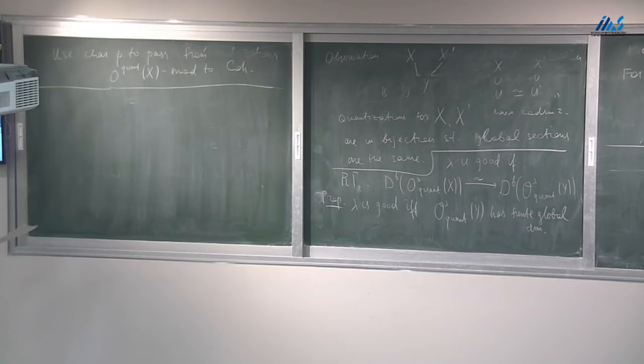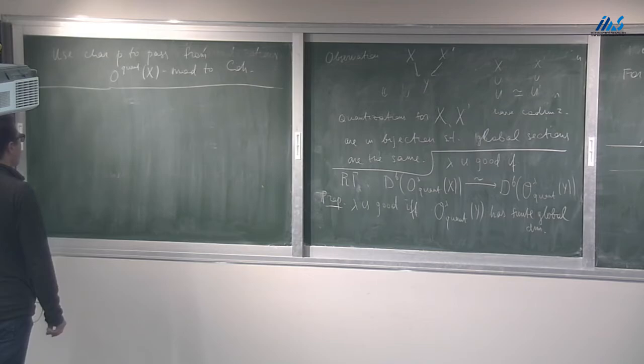So far, characteristic P was not important. For quiver varieties, it's Hamiltonian reduction. For general X, there is an abstract theory of quantization. You can classify them.